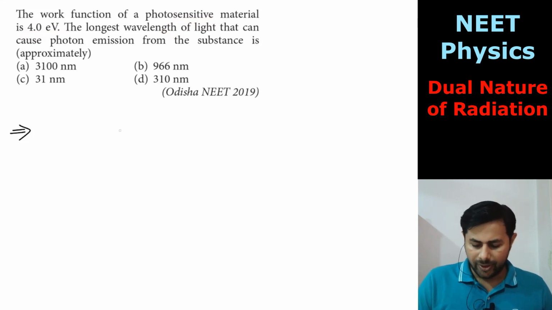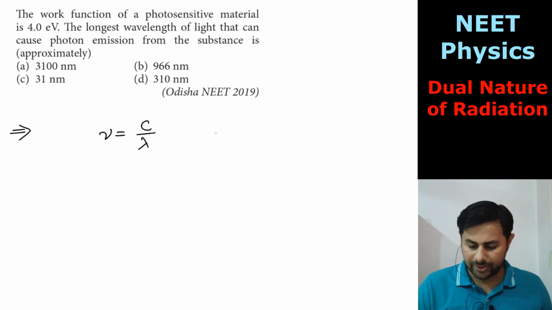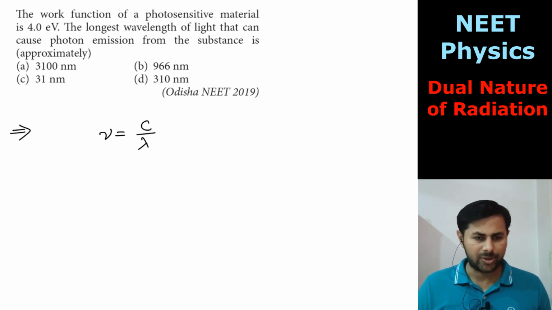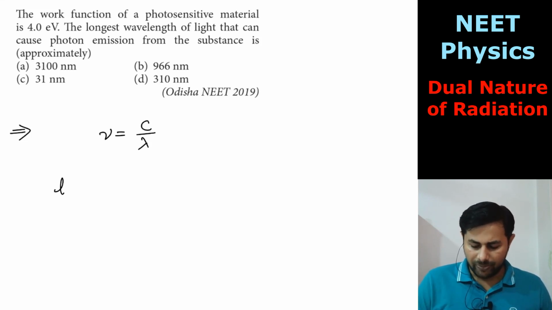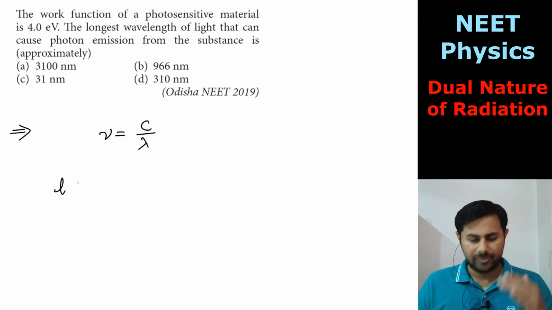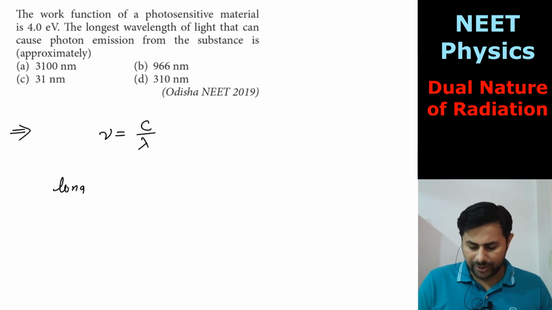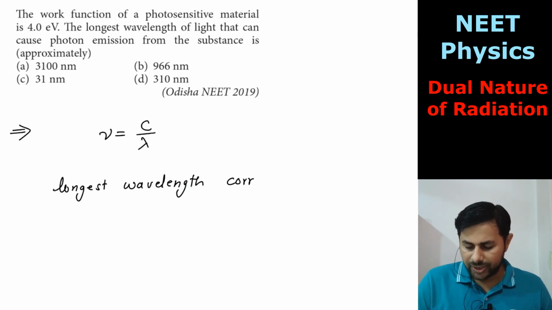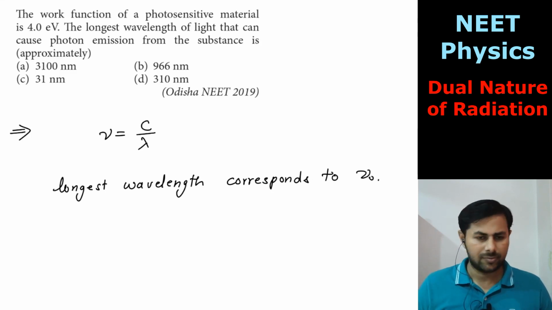So see, we know that the frequency is equal to c by lambda. That means frequency and wavelength are inversely proportional to each other. So if the wavelength is longest, that means the frequency is shortest. So the longest wavelength corresponds to the threshold frequency, right?